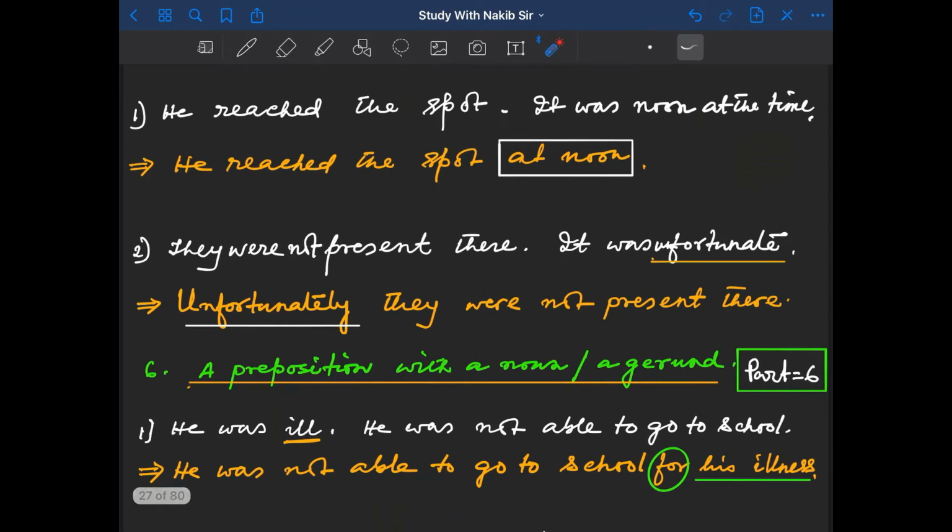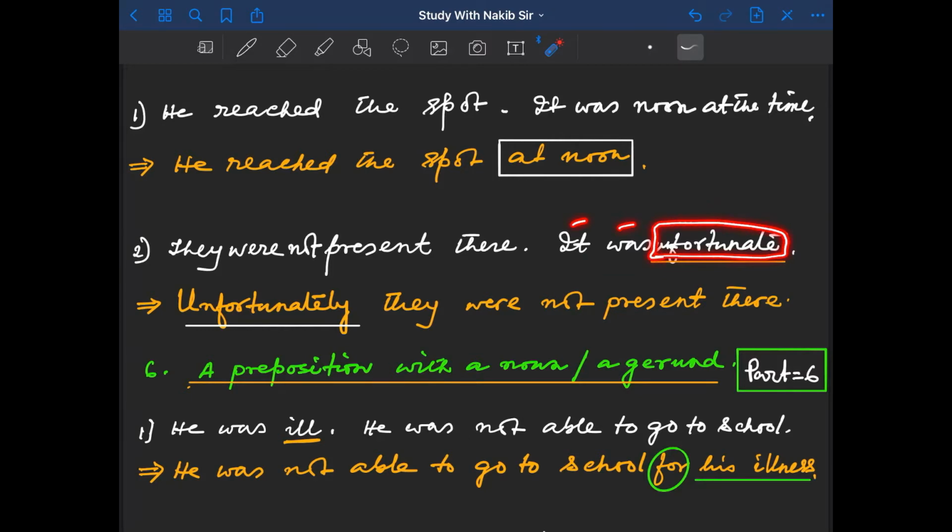Next one, see, they were not present there. It was unfortunate. It means this fact, they were not present there. So we'll keep this, they were not present there, as it is, and we'll turn this part into an adverb or adverbial phrase. So check it. See, it was unfortunate.